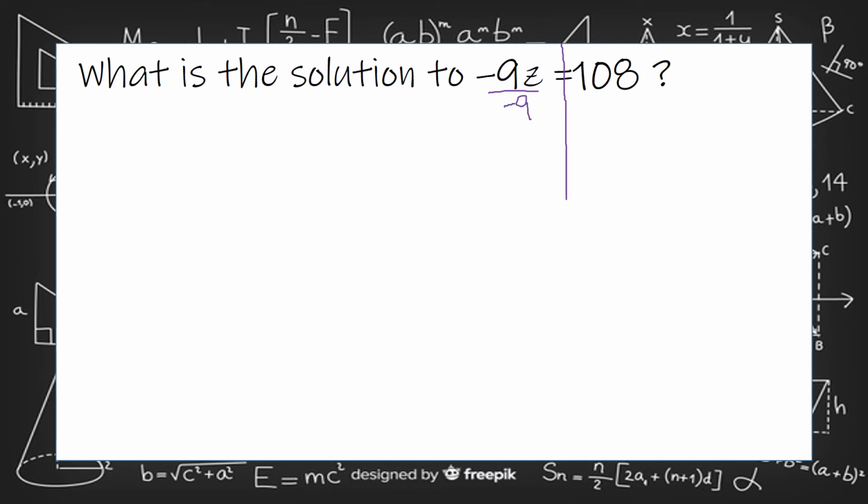So negative 9 divided by negative 9 makes 1 and just leaves us with z. We do the same to the right side of that equal sign. And 108 divided by negative 9 is negative 12.